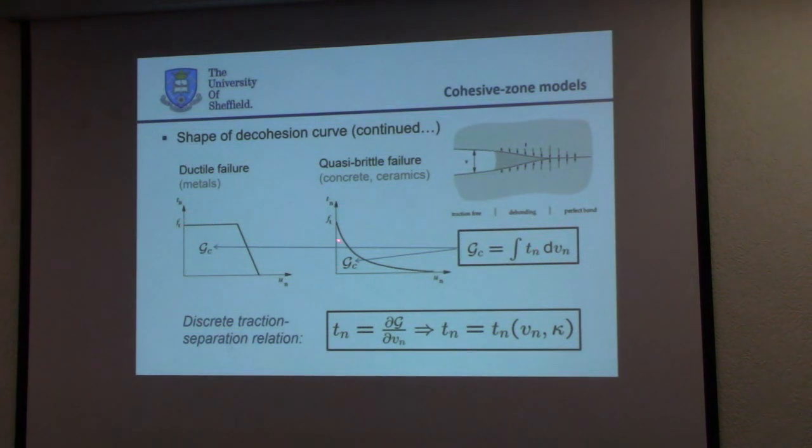Because also here, when you have unloading, you go, like in a damage model, to the origin here, you go back here and then follow again. But you then have to memorize this point. So it has the same role as the damage parameter in damage mechanics, or the plastic strain in the elastoplastic models. Only it's not a strain, it is a crack opening displacement.